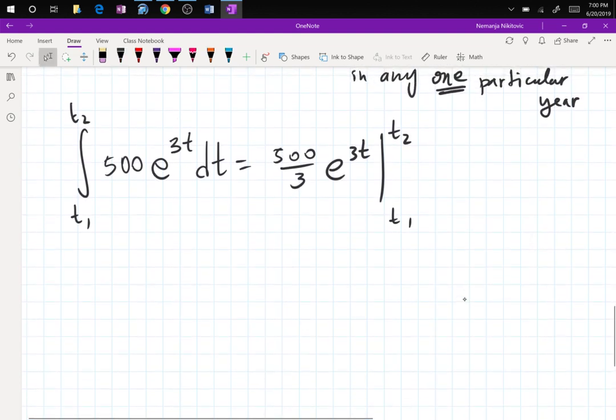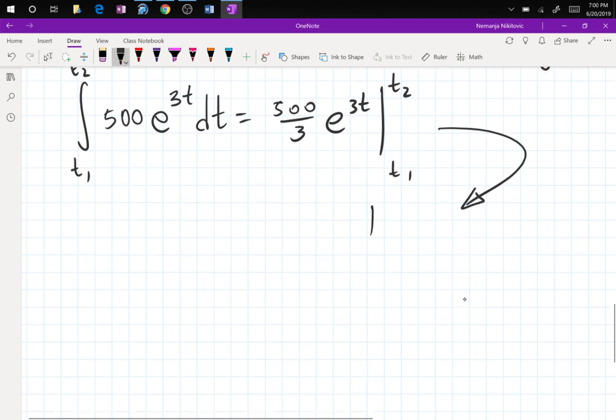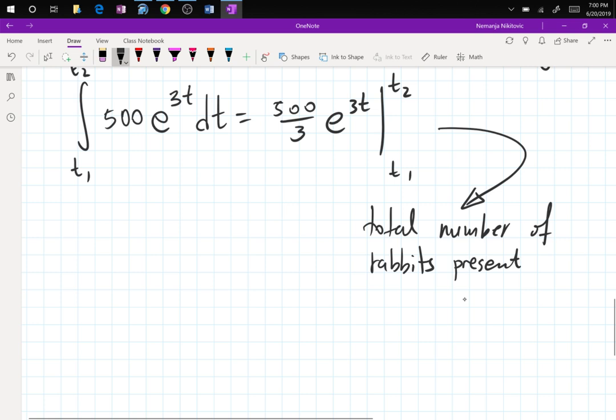This over here will give you the total number of rabbits present in years t1 to t2. So you can say, what is the total amount of rabbits?